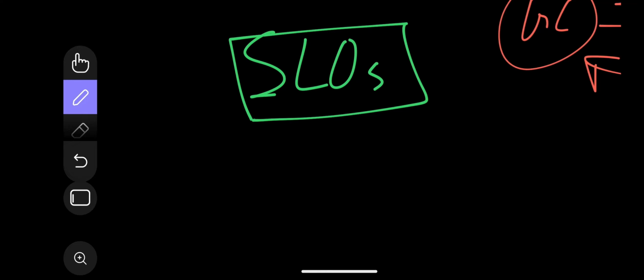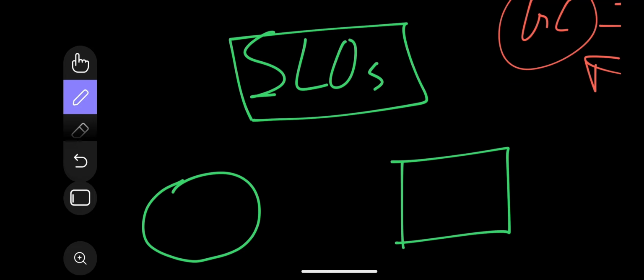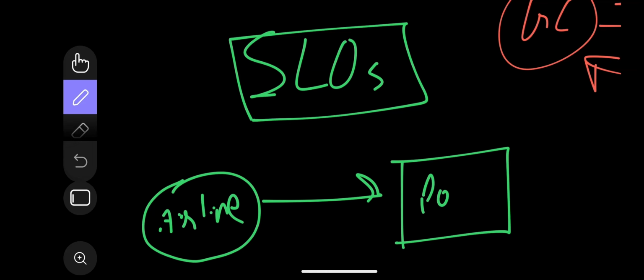Let's take one more real life example of airline and airport. So this is the airline and this is the airport. An SLO within the SLA might state that the airline's plane should not have to wait more than 10 minutes. The airline plane, and this is the airport, would not have to wait more than 10 minutes 95% of the time.